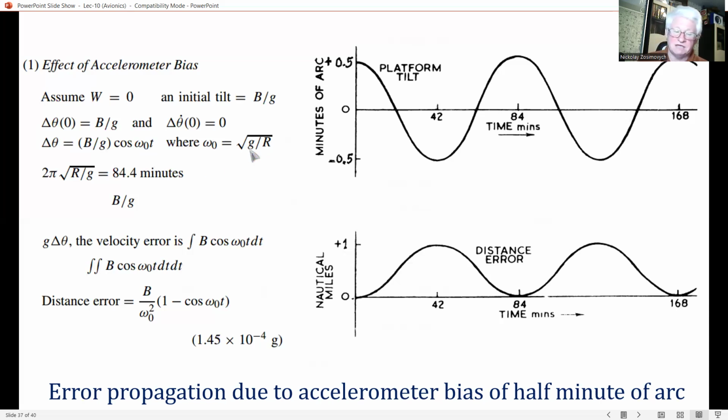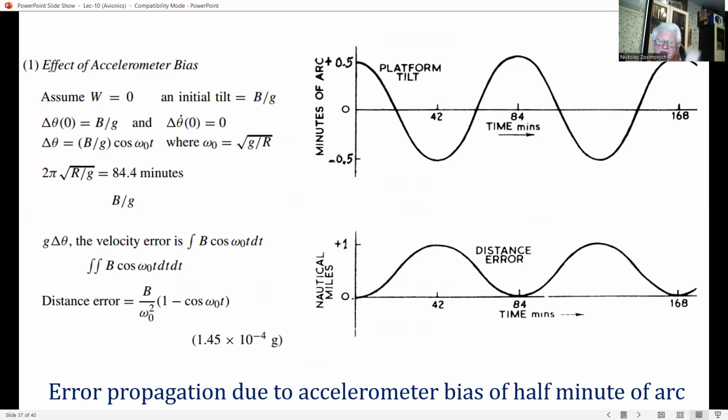The platform thus oscillates about the local vertical with amplitude B over G, and the period is 2 pi times the square root of R over G. We know that value is 84.4 minutes.